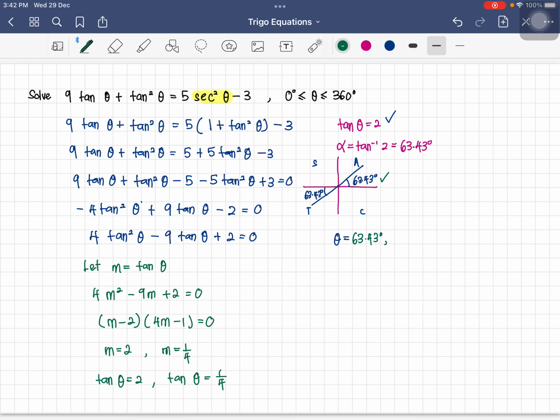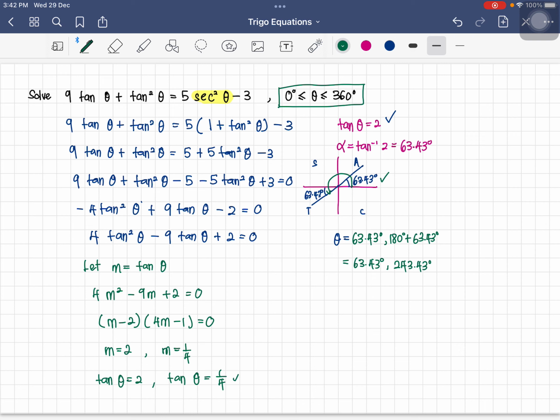Another one will be from this to this one, so I'll get 180 degrees plus 63.43 degrees, which is 243.43 degrees. You get two values there. Is it within the range? Yes, they are within the range. So that's the first solution.